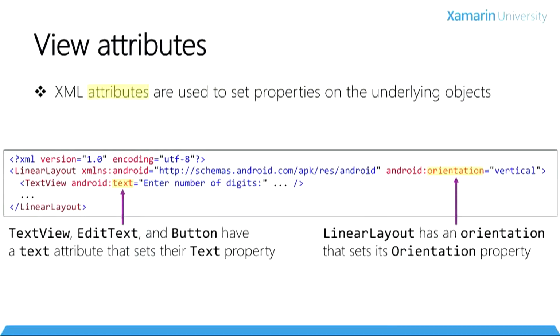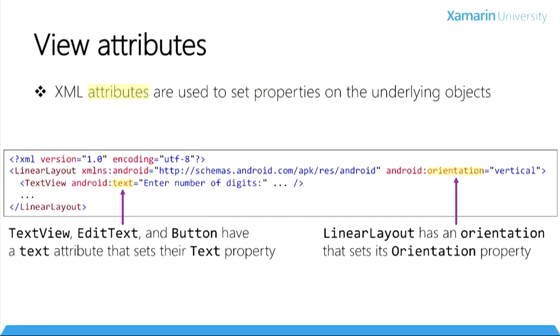So regardless of which way you choose to do it, behind the scenes, when you're setting properties in the property editor, or if you're editing the XML directly, what you're doing is setting attributes on the XML elements. So for example, the linear layout panel has an orientation attribute, and that can be either vertical or horizontal.